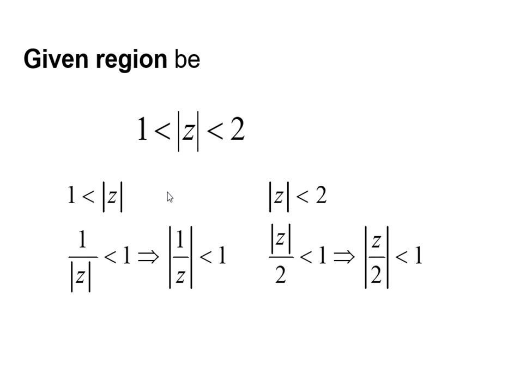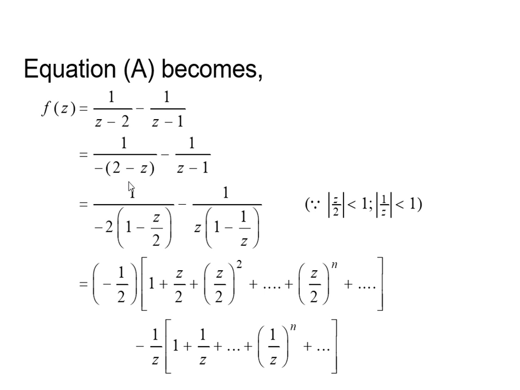Now rearrange f of z in terms of 1 by z and z by 2. So this is my f of z, 1 by z minus 2 minus 1 by z minus 1. We have only two regions of validity, that is z by 2 and 1 by z.